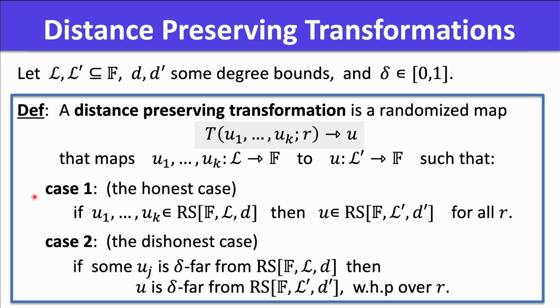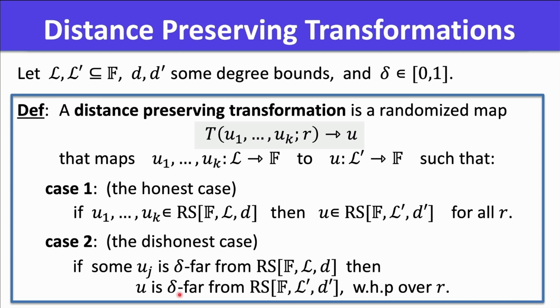Now, the property of this transformation is that if u1 to uk are code words in a Reed-Solomon code, then the result of the transformation is going to be an honest code word in another Reed-Solomon code, possibly with a different domain and possibly with a different degree. And this should be true for all values of r.